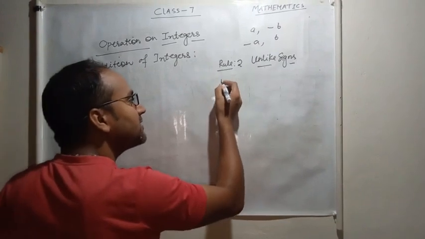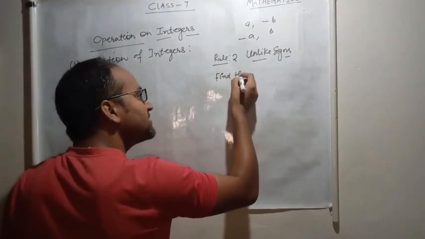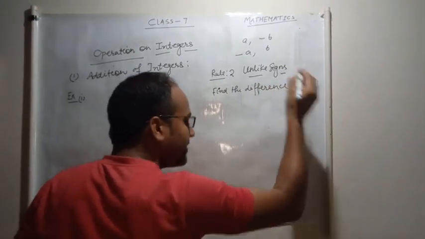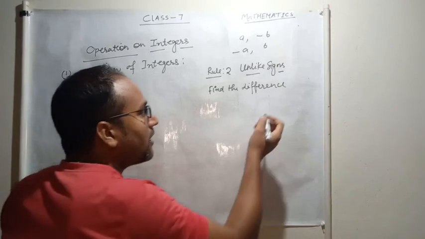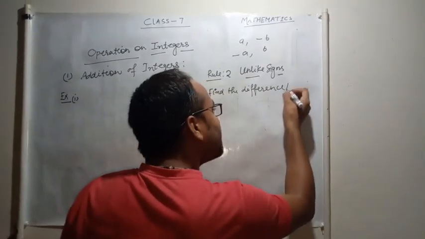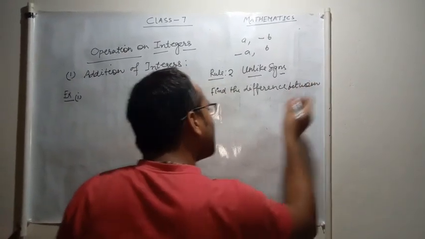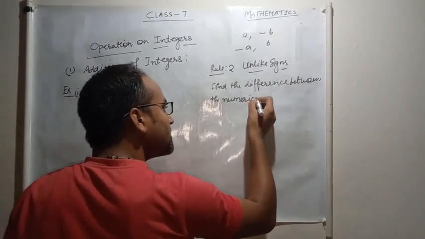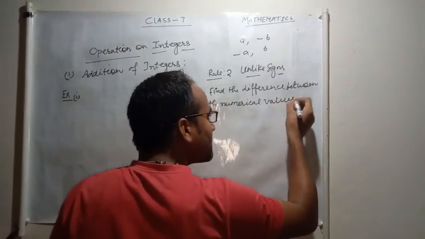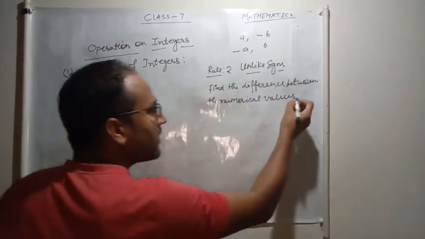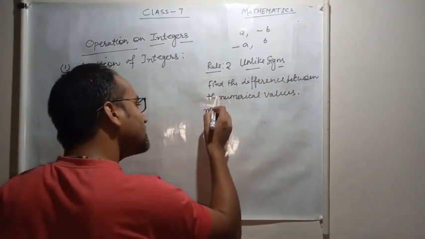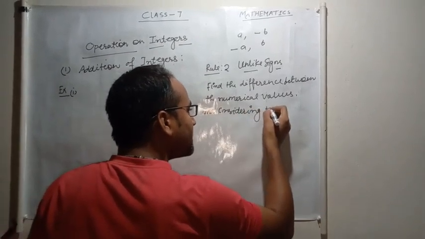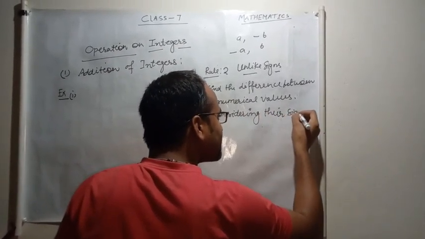So first we find the difference. Your rule is this: find the difference between the numerical values, not considering their signs.